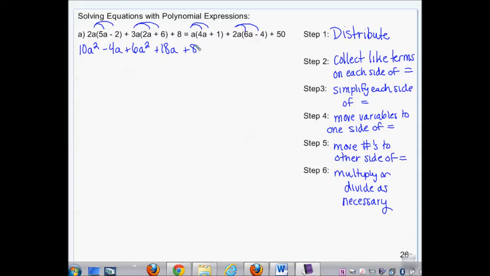I'm going to have to rewrite this. I'm running out of space. Let me switch colors.